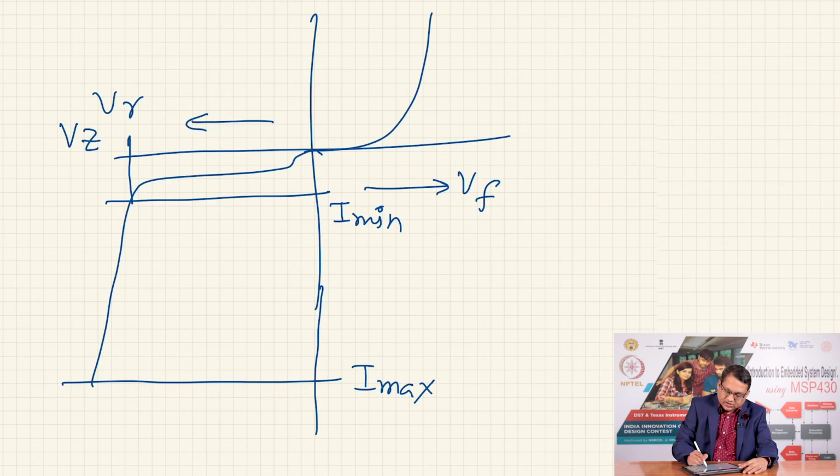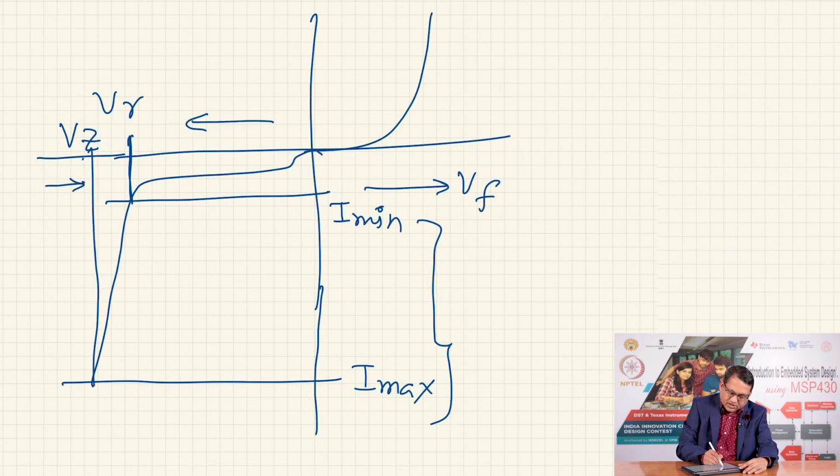Now, you see this is a large range, but from the minimum to the maximum you get certain variation in the input voltage. So, if you bias your Zener at the center point, if the input voltage changes and reduces, then it is going to go in this direction. The Zener diode will conduct less current.